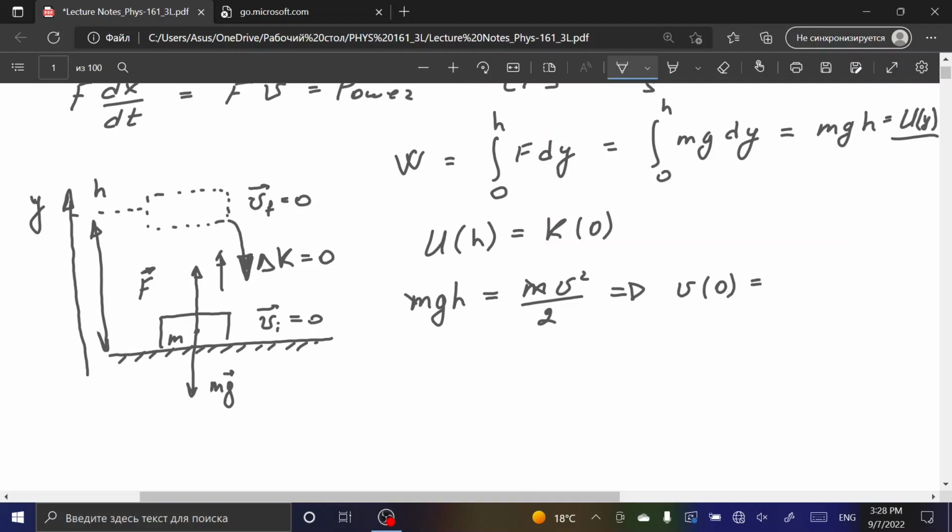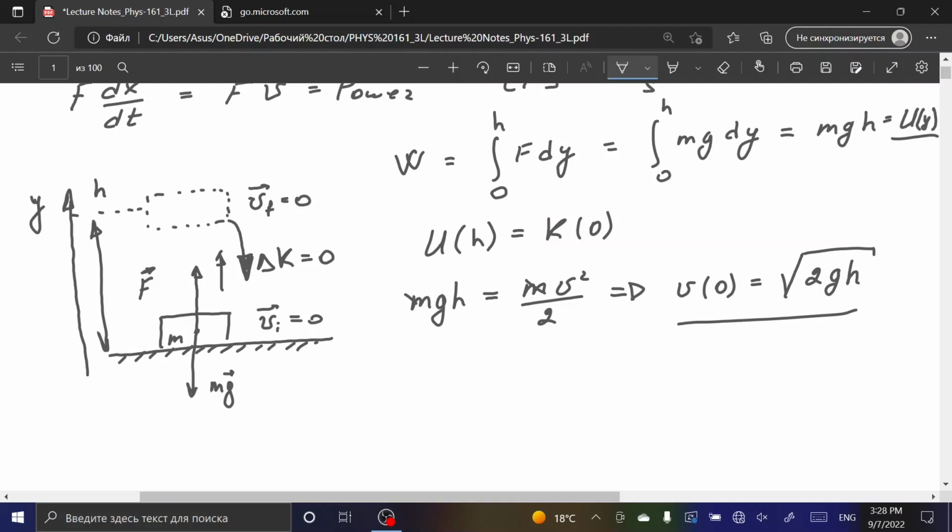That will be the square root of 2 times g times h. So as you see, by considering the conservation of energy, when we have initially only potential energy and then kinetic energy, we can determine the final velocity of the block when it reaches back the ground level with a very simple equation.